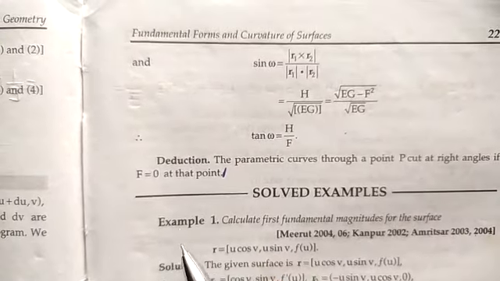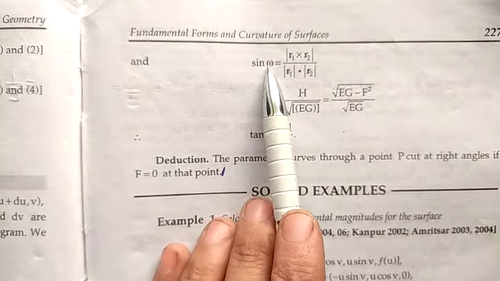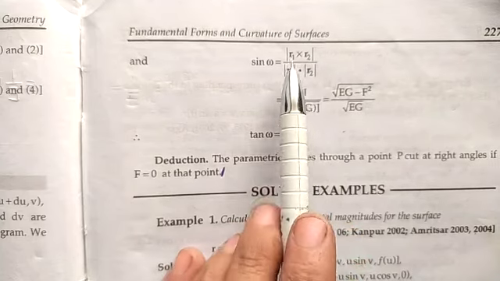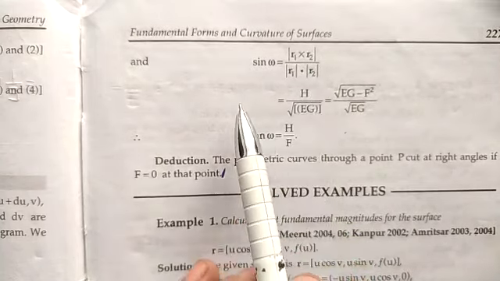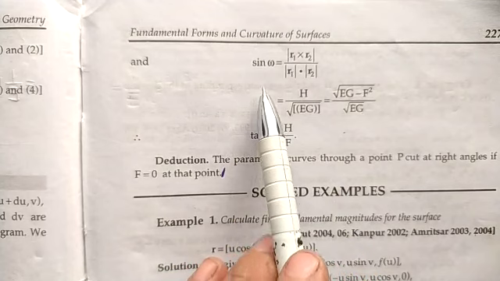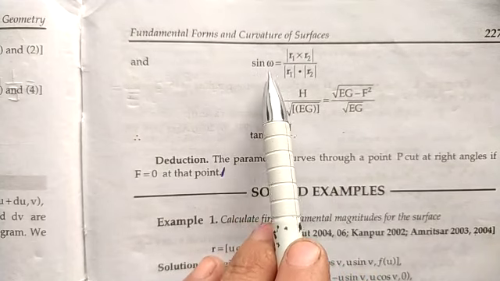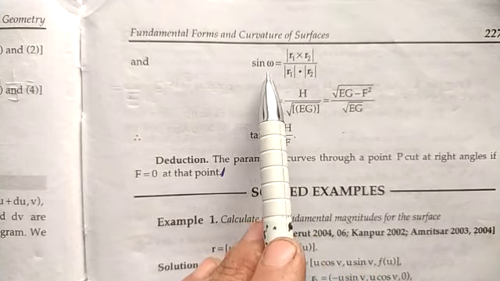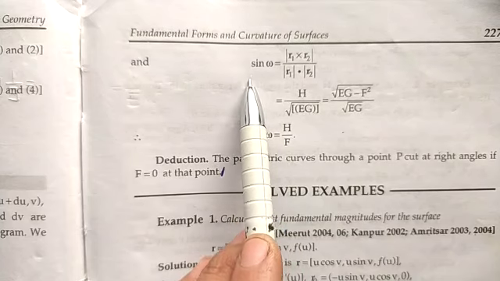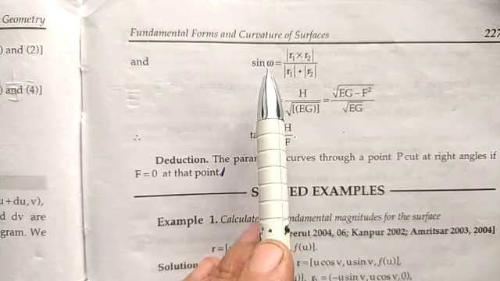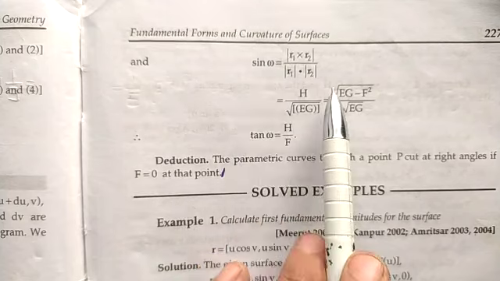We can also find the angle by using the definition of the cross product of two vectors. By definition, the magnitude of r1 cross r2 is given by the magnitude of r1 into the magnitude of r2 into the sine of the angle between the two vectors. So by that definition also, we can find the value of the angle between the two parametric curves.